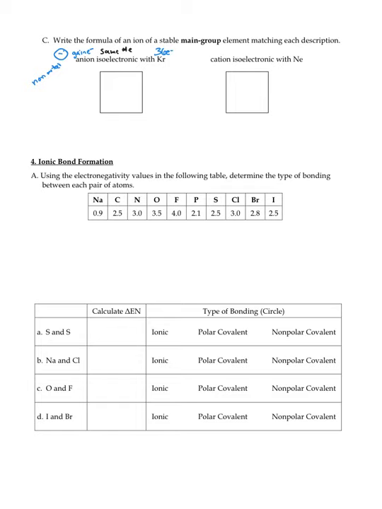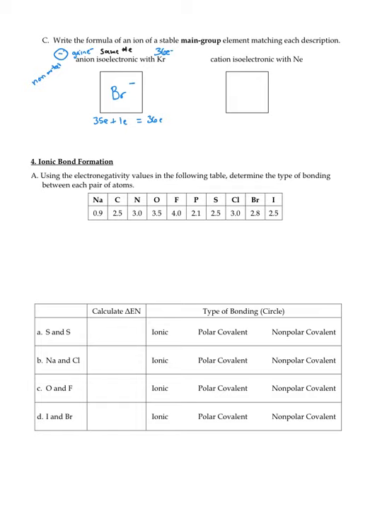And so what element comes right before krypton? Bromine. And so bromine is element 35. So it starts off with 35 electrons. And so to look like krypton with 36 electrons, you're going to have to gain 1 electron. Remember, that's going to give it a negative charge. Remember, when it comes to counting electrons, the charge is kind of opposite of what you're doing, right?